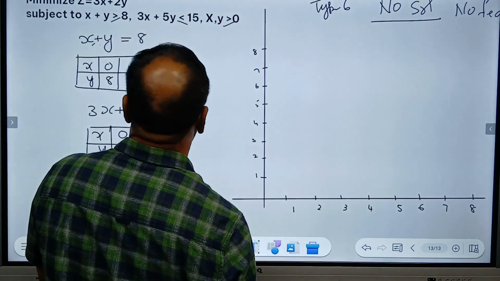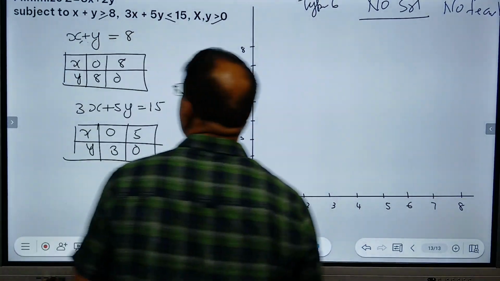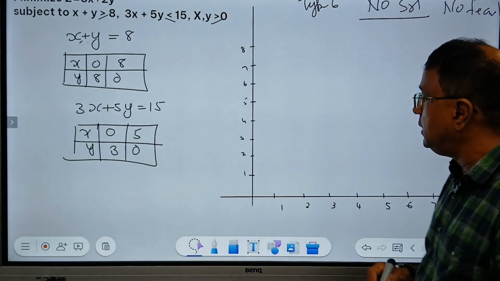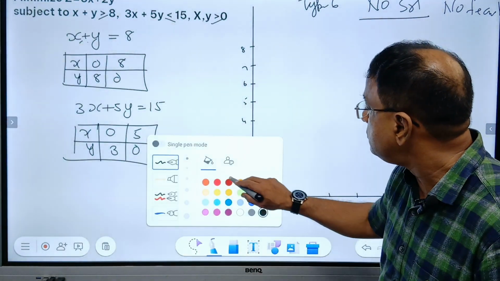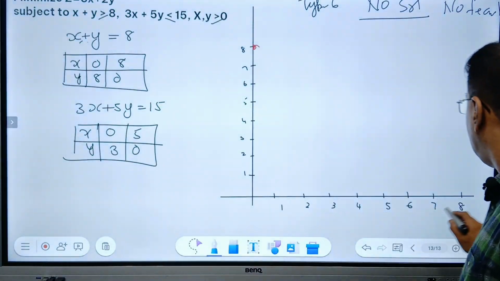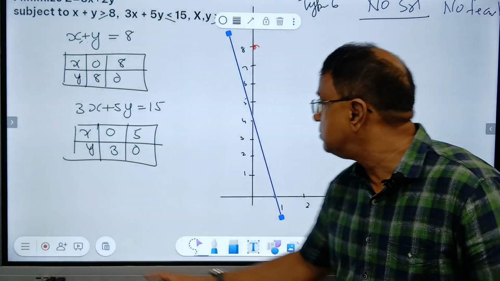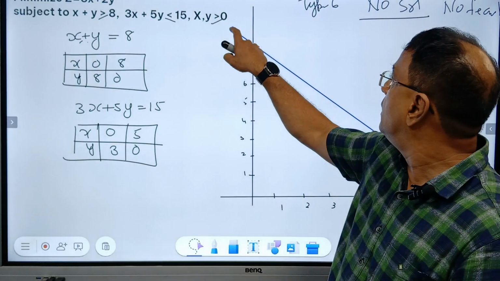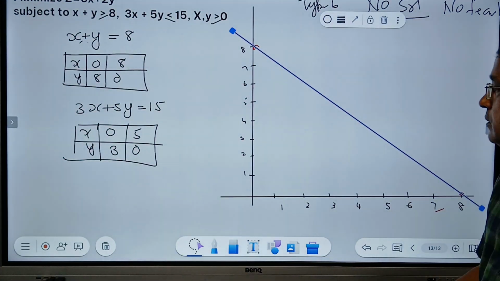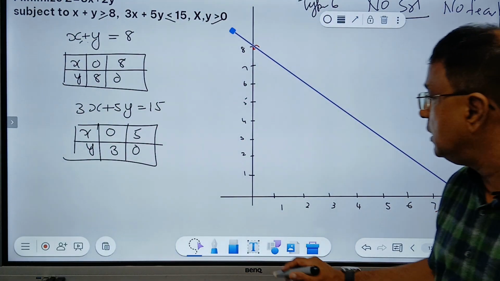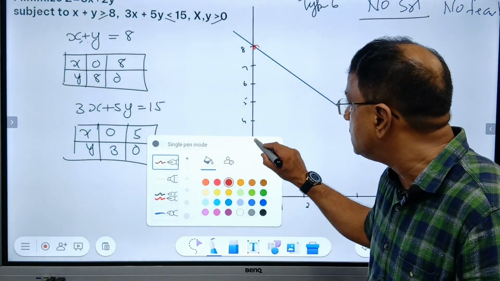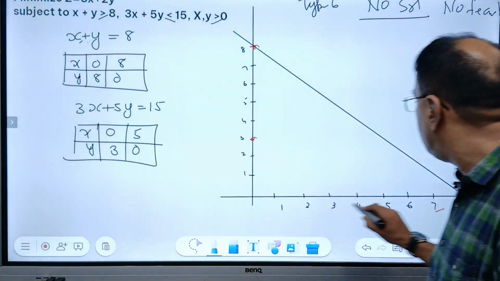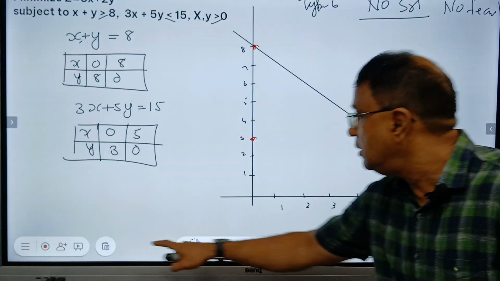So how do I plot 0, 8 and 8, 0? Let's plot this line. The next one is 0, 3 and 5, 0. Let's plot this line.